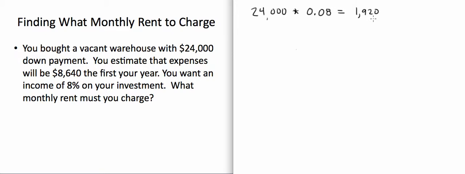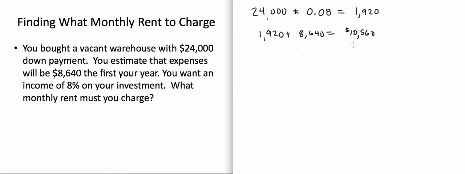From here, you're going to then take that 1,920 and add in our expenses. So that's going to be $8,640, and that'll give us an answer of $10,560.